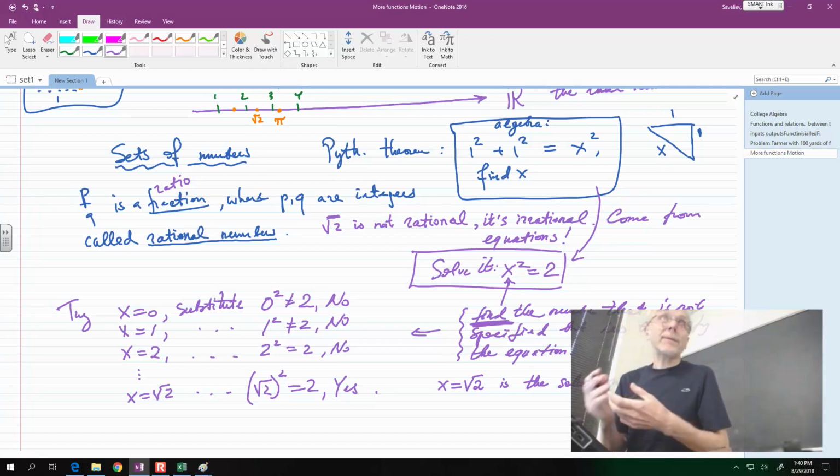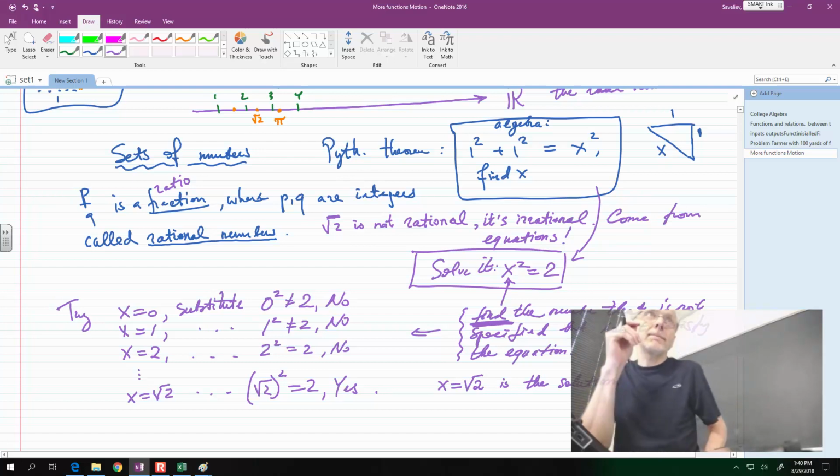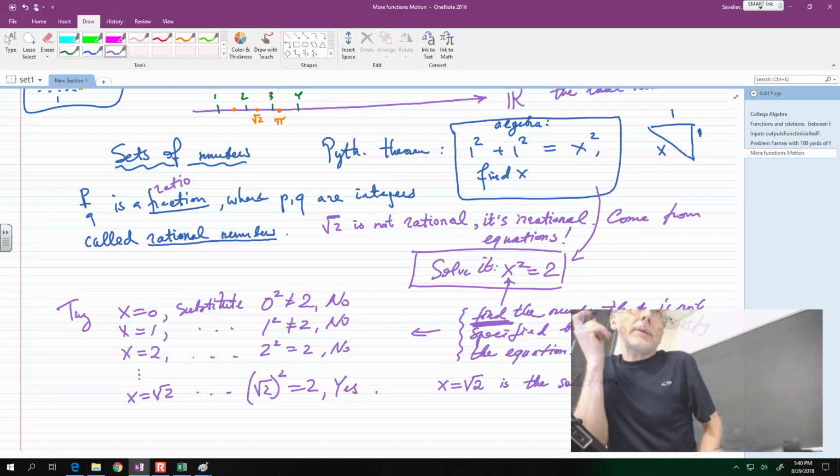Well, if I found that square root of 2 satisfies the equation, should I keep going? No? You sure? There might be more. Yeah.